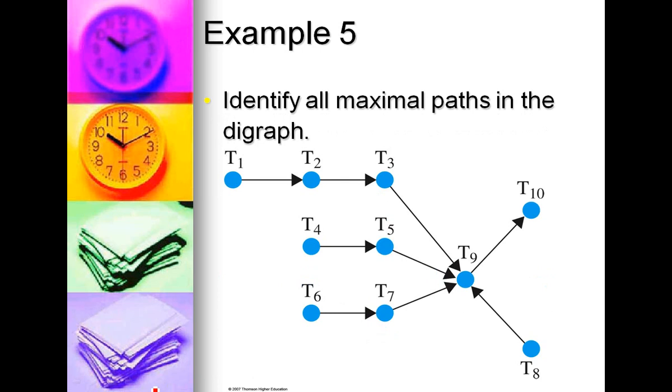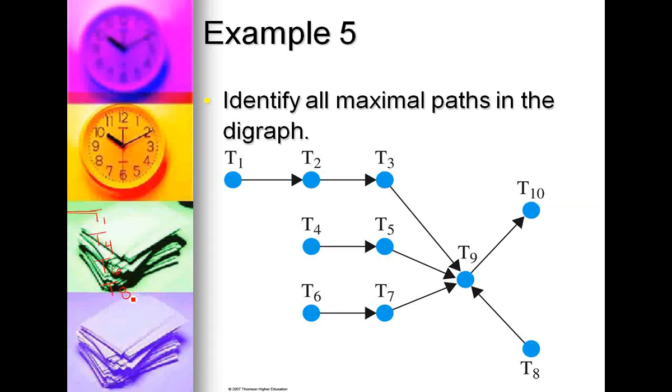Okay, and this one, it's a little more complicated. Our sources are T1, T4, T6, and a little tricky one down there at the bottom, T8. So we want all of the paths that start at any of those four vertices and end at our sink.